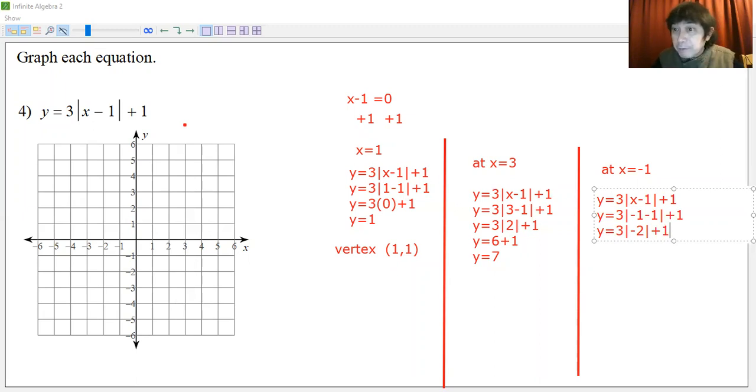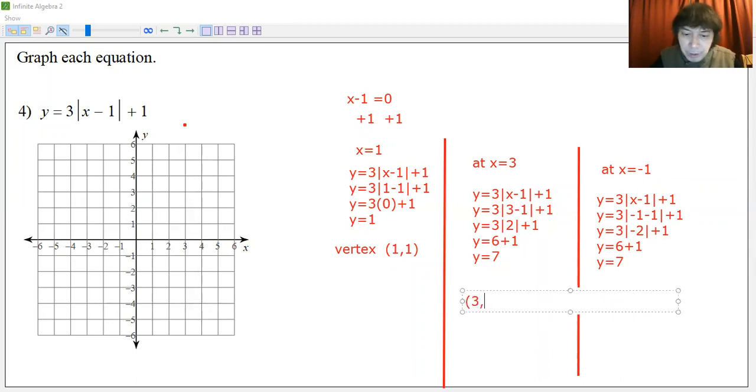The absolute of negative 2 is a positive 2. That results to 3 times 2, 6 plus 1. So this will be again 6 plus 1, and we will get another 7. And so our point here is negative 1, 7.